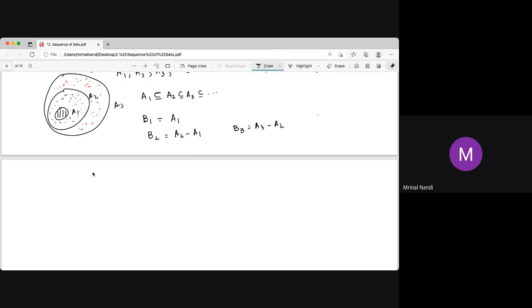Number one, the B_i's are disjoint. That means B_i intersection B_j is empty for all i not equal to j. And one more thing is that the union over all these B_i's is actually the union over all the A_i's.